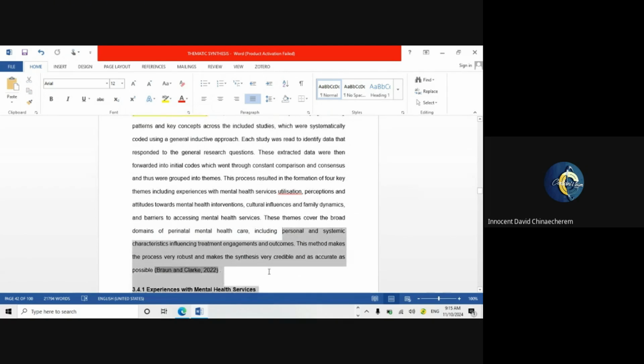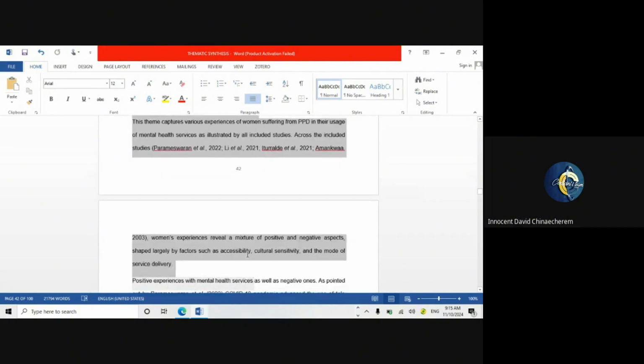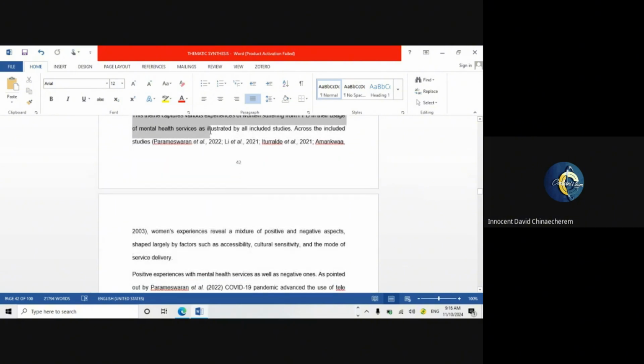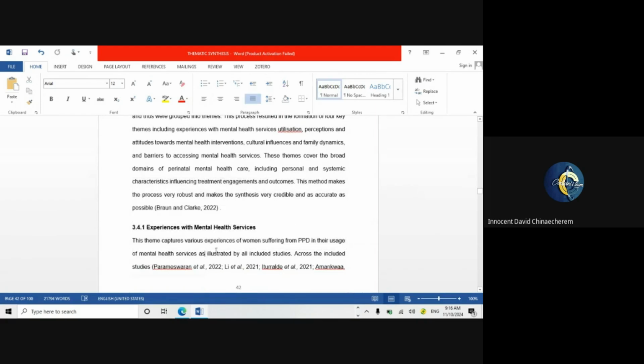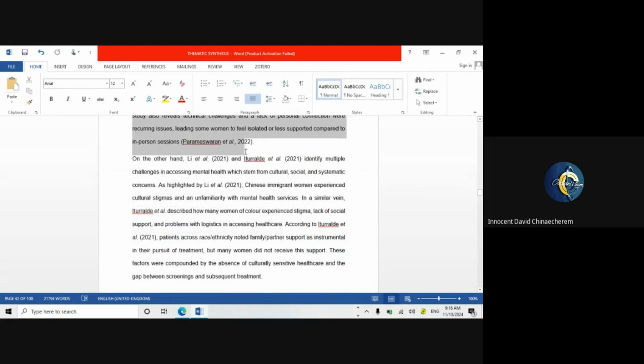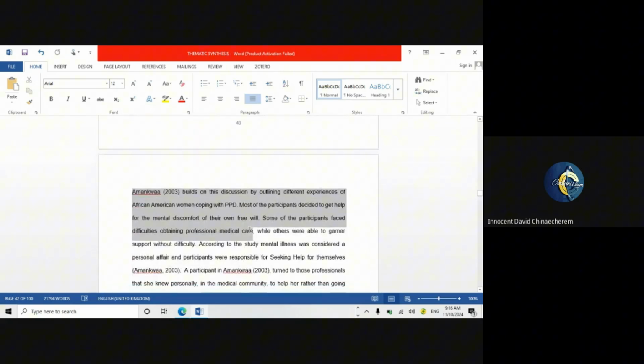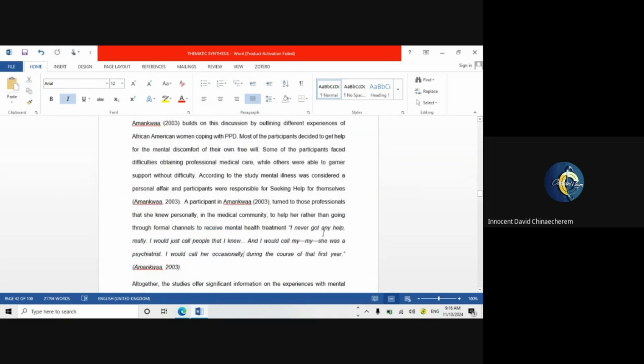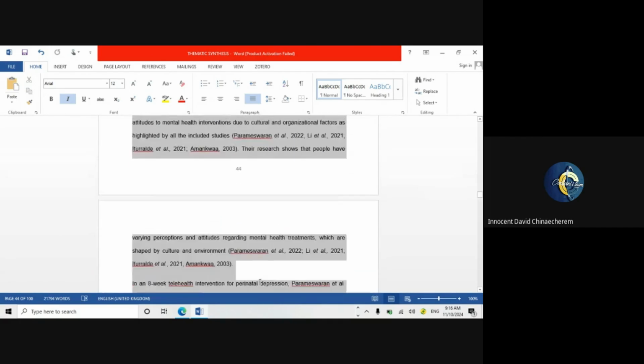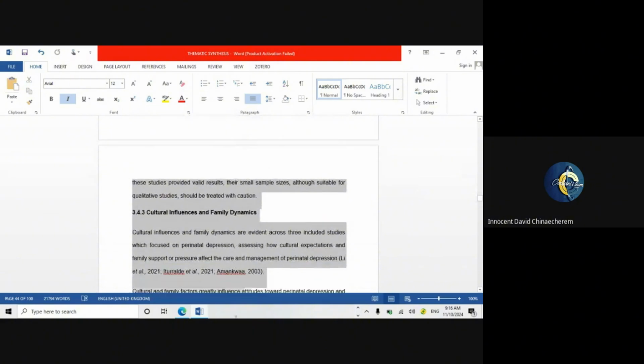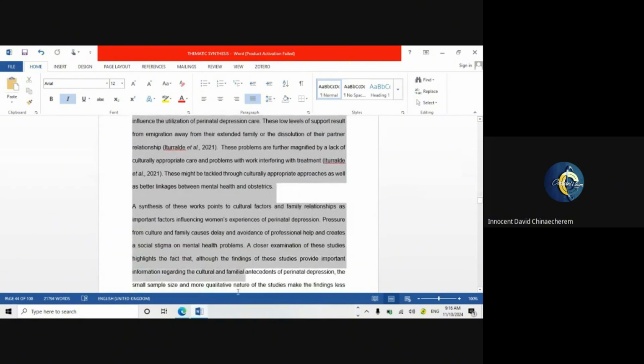So when we start explaining all that we have captured across the 4 studies, while we are writing, we are also putting some of what we've captured from these studies in our text. So this is exactly what our thematic synthesis entails.